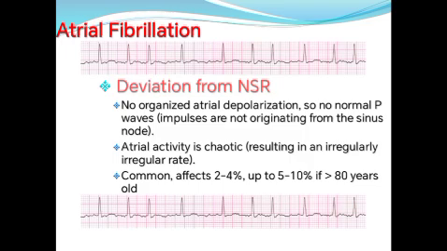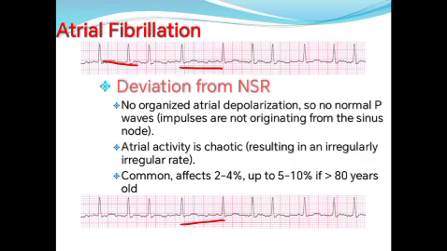It's very common. It affects about 2 to 4% of patients and up to 10% of elderly patients, those more than 80 years old. So it is a very common problem. You see, we have no normal P wave here. If you have atrial fibrillation, there will be a ventricular response from this very chaotic and irregular atrial activity.